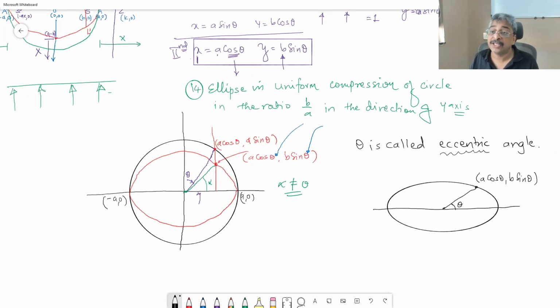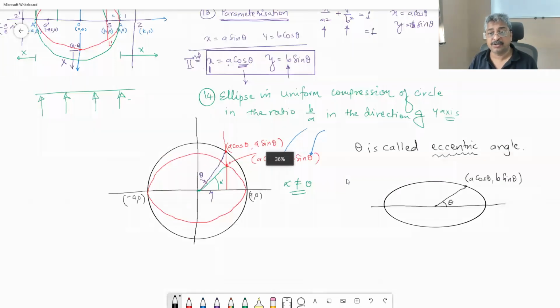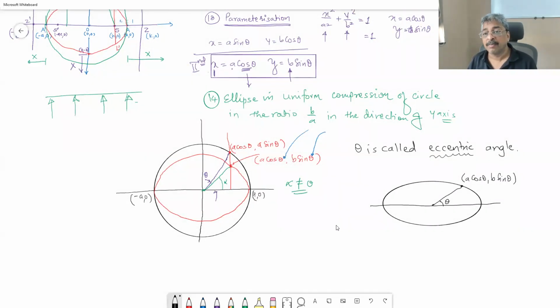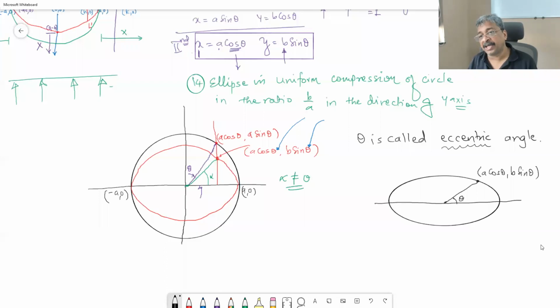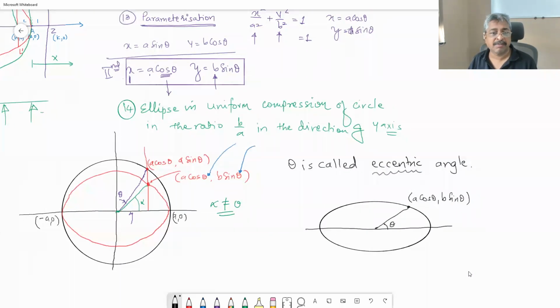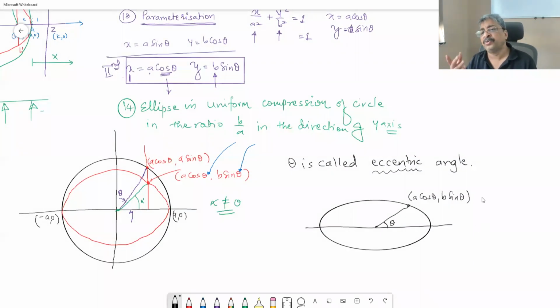But then, because of this parameter, I understand the parameterization should be simple. Yes, it should be simple for algebraic calculations. Location of that point geometrically, you will require hardly any time, but you will have to deal with the algebra of that parameterization more frequently. Therefore, this is the best way to go about it.